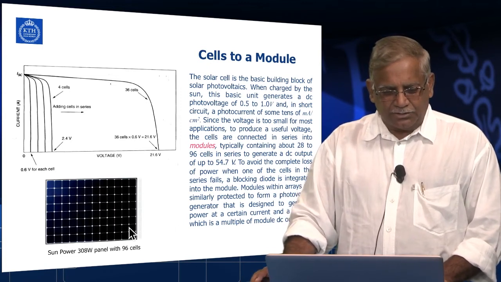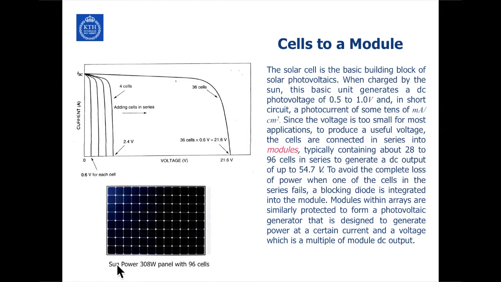A typical module picture is shown here. This one produces about 308 watts of power when it is exposed to 1000 watts per meter square at standard room temperature of 20 degrees C. And this, for example, has 96 cells in it.